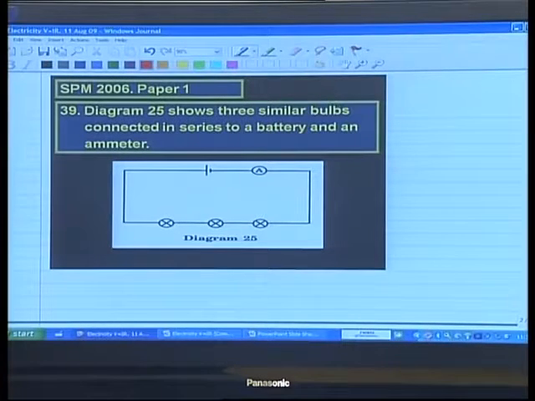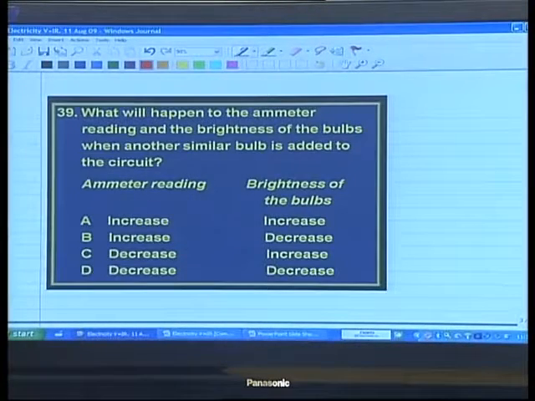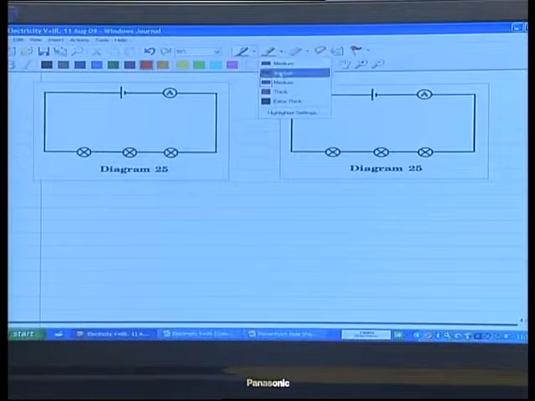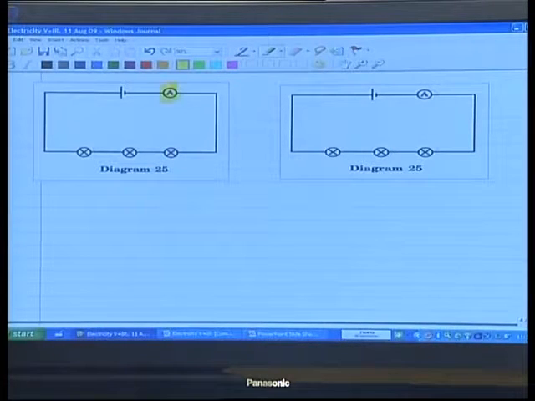That is the question given to us. Let us just look at the diagram. The first question says, what happens to the reading in the ammeter? Let us highlight the ammeter. It says, what happens when one bulb is added to it? So, on the left-hand side, this is episode 1 before we add the bulb.